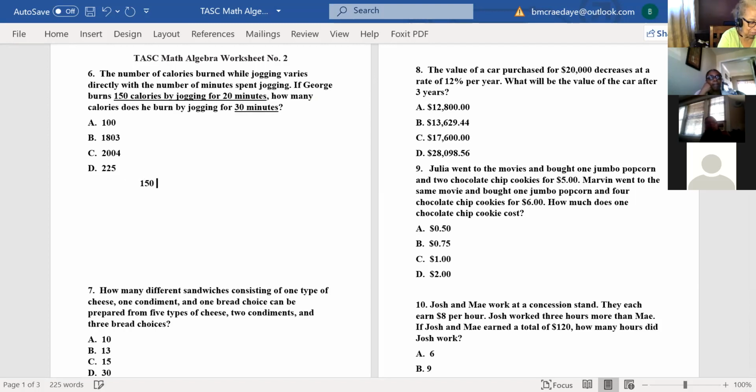Yeah, 150. Let's put calories so we make sure our units are in order. And this will be over 20 minutes. Let's take the underline out, it's misleading.